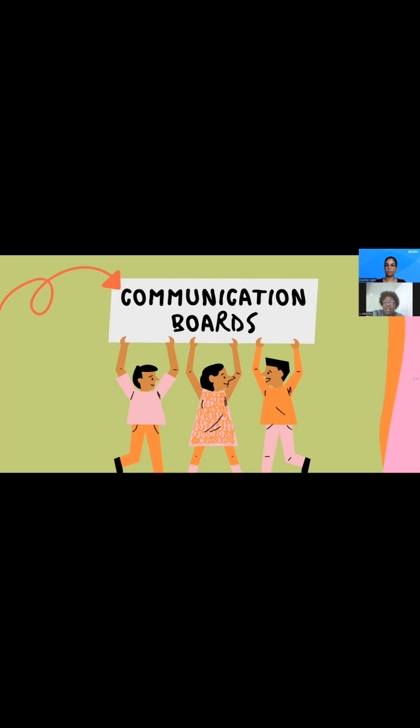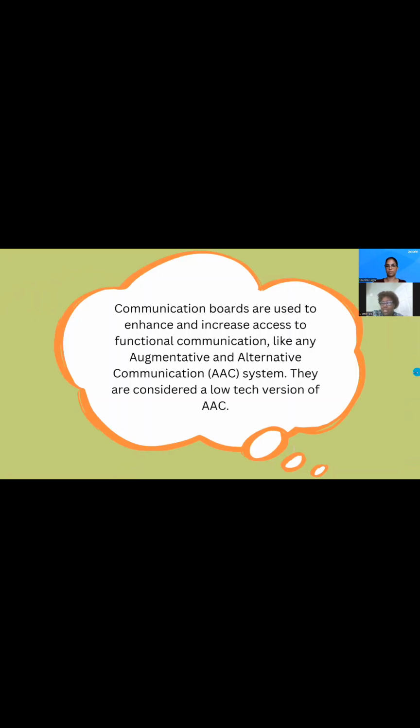All right. Now, communication boards are a type of augmentative or alternative communication device. And there's a wide range. It can be very simple, homemade boards, or they can even be more complex and computerized. Now, there are a number of boards. They can be used with manipulatives.